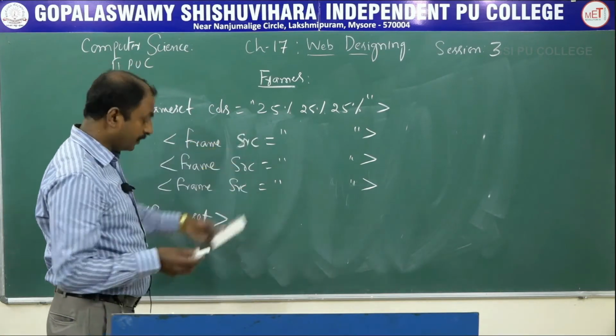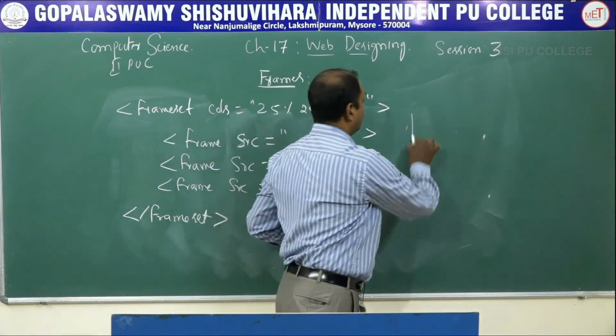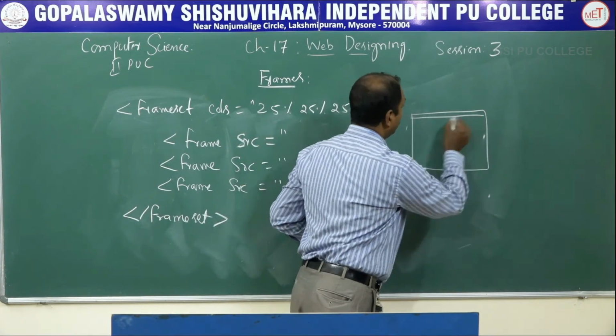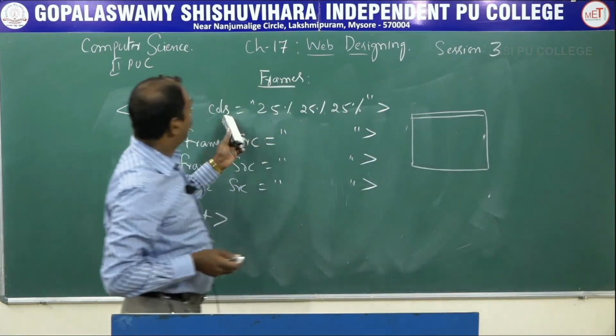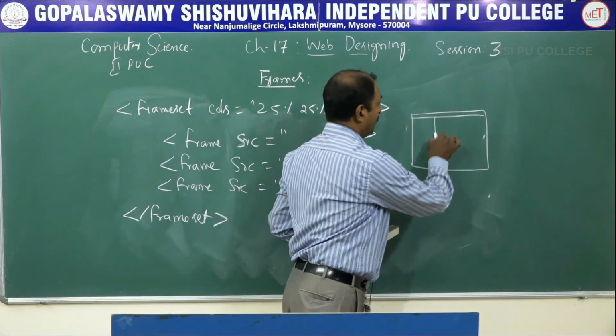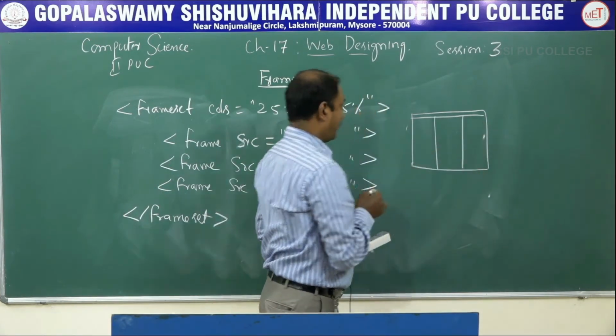So what will be the output of this example? As we have mentioned, this is the web browser window, and for columns there are 3 values, so it will be divided into 3 sections.